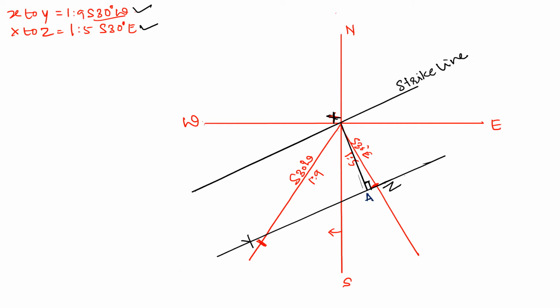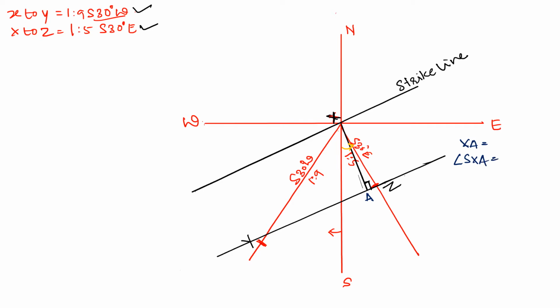Now what do you do to calculate the true dip direction and amount? You measure the distance XA and measure the angle SXA.